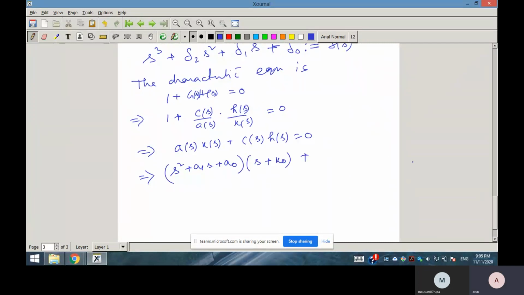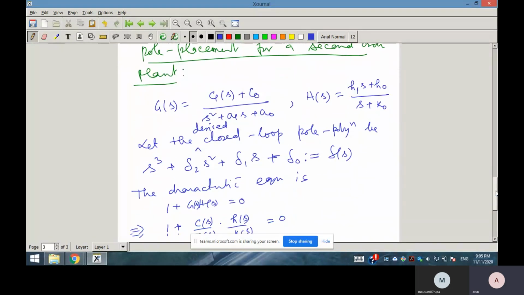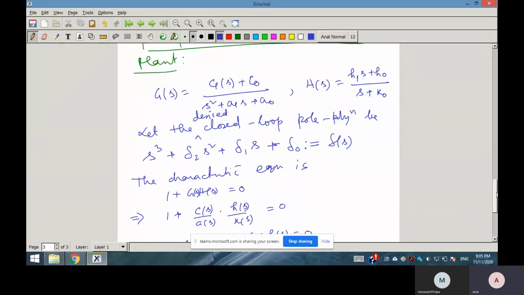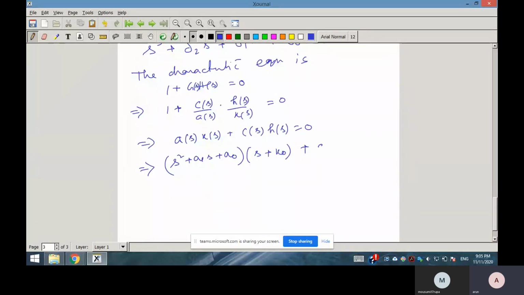C(s) is c1 s plus c naught. And H(s) is h1 s plus h naught. This should be equal to 0.